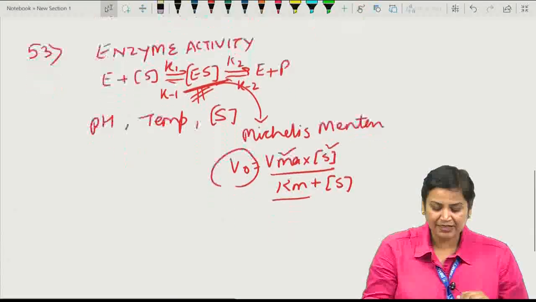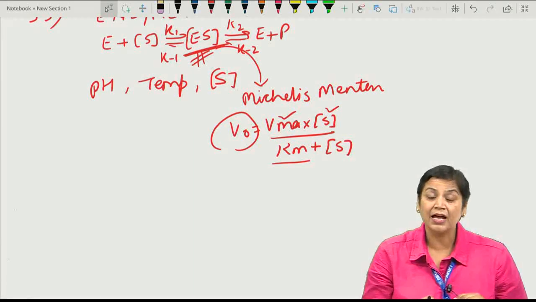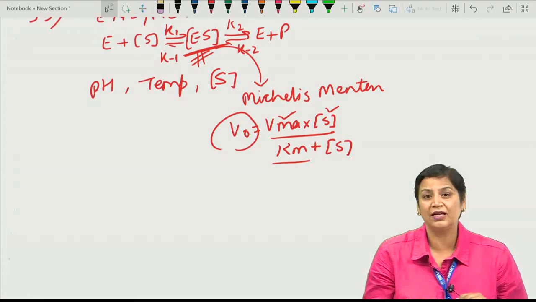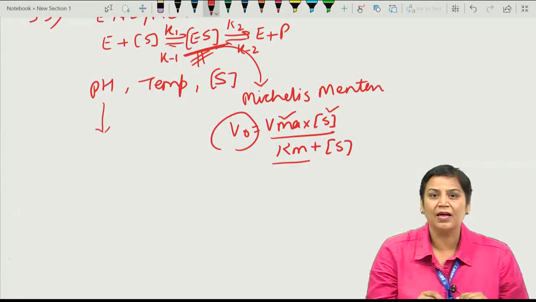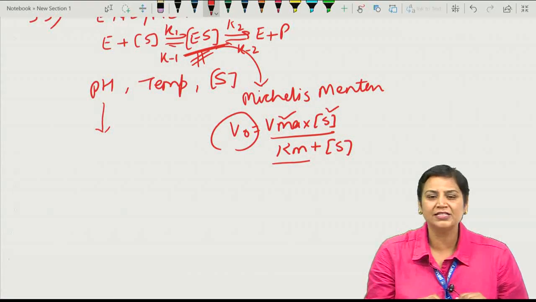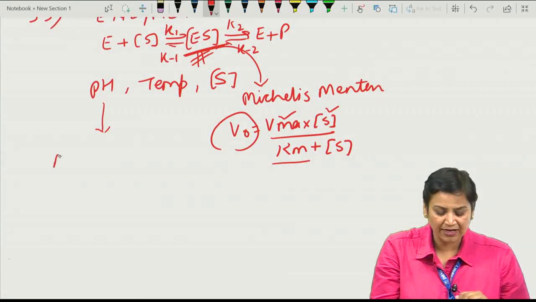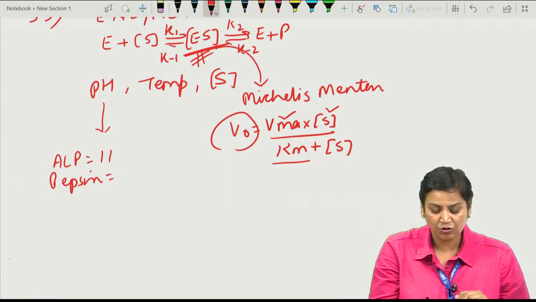Right. Now let's see how pH, temperature, and substrate concentration alter the enzyme activity. If we talk about pH, every enzyme has an optimum pH. However, there are certain exceptions: alkaline phosphatase works at pH 11, pepsin works at pH 2.